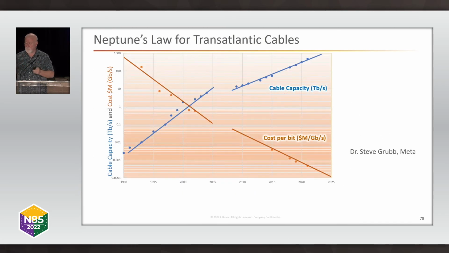Now, one of Meta's network architects, submarine network architect, Dr. Steve Grubb, he actually has coined this term of Neptune's law for transatlantic cables. Similar to Moore's law, this exponential rise. So the 2 lines that are shown there are for cable capacity and the cost per gigabit per second.